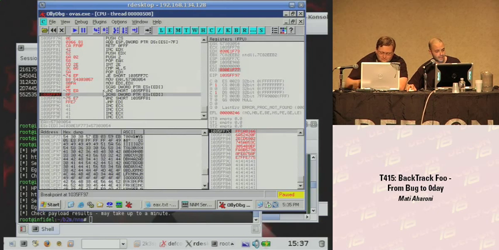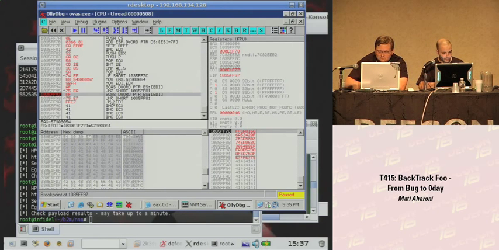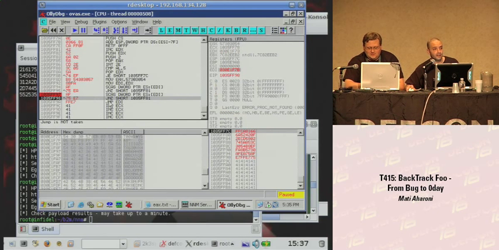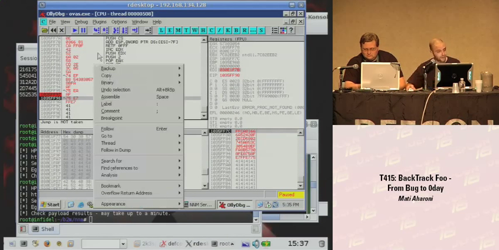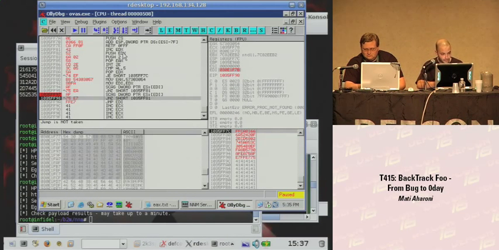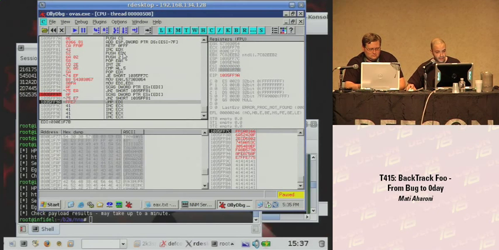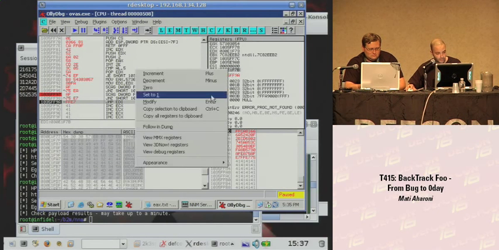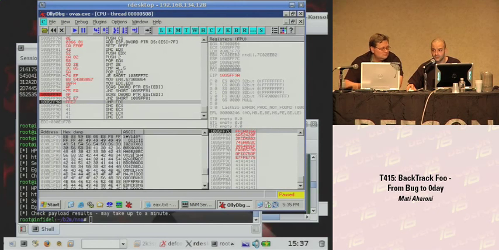Okay, so let's see what happens now. The jump to continue running the egg hunter is not taken, and the next instruction that we're going to hit is jump EDI. Now, what do we have in EDI once again? We have a nice, unadulterated bind shell.